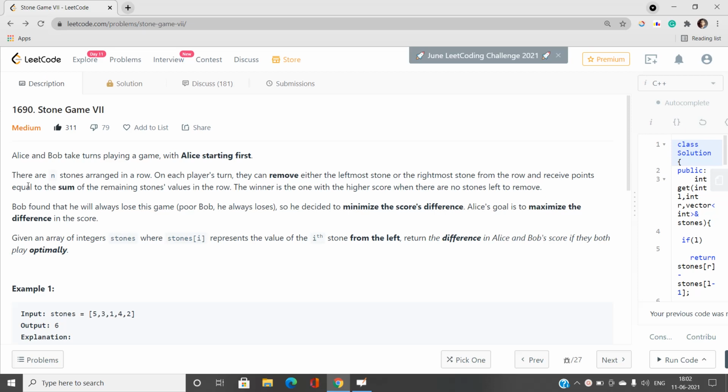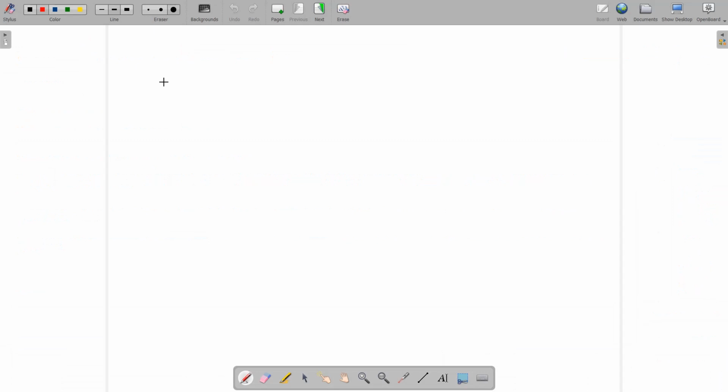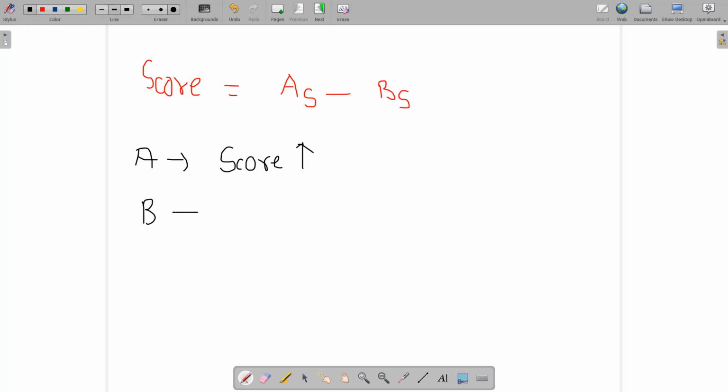Let's talk about the problem in some more detail. One thing to notice here: what is the score of the game? The score of the game is the difference between the scores. Let's denote it AS minus BS, Alice's score minus Bob's score. The strategy of Alice is to increase the score, and the strategy of Bob is to decrease the score.